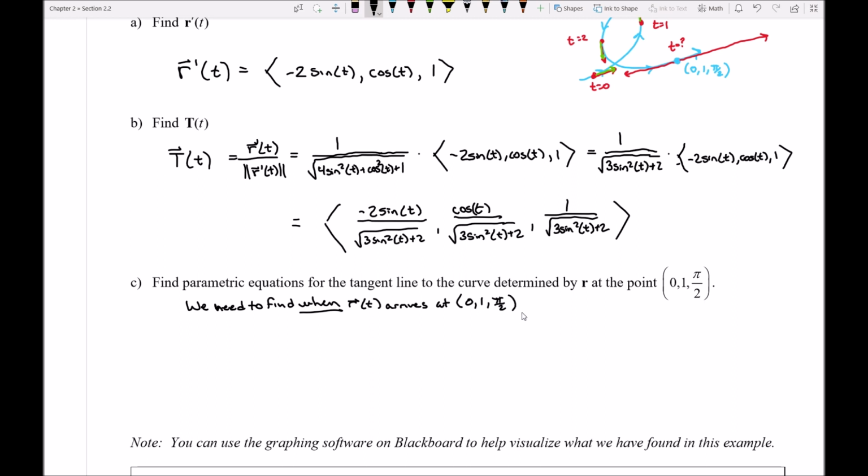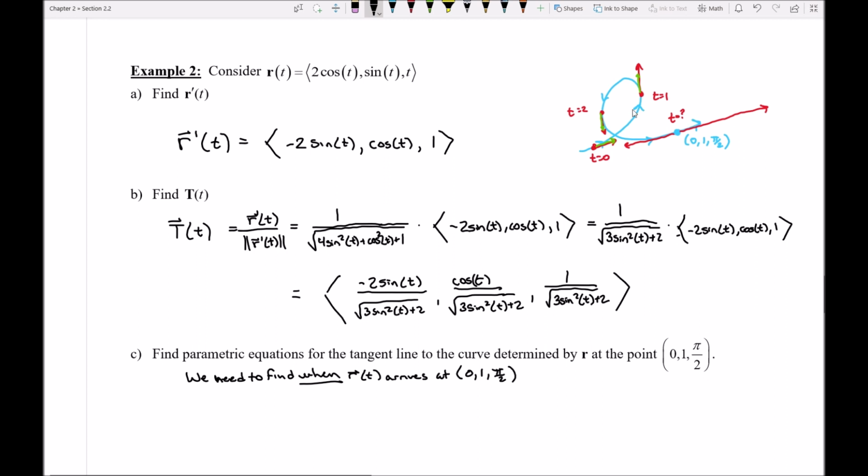That's what I need to figure out. I need to know what's the t so that I can use my r prime of t to build the direction vector. Okay, well, let's take a look back at r prime of t and let's try to think about what could I have possibly plugged in for t that would have created a vector that could have pointed to this point. I actually think this is really, really easy.